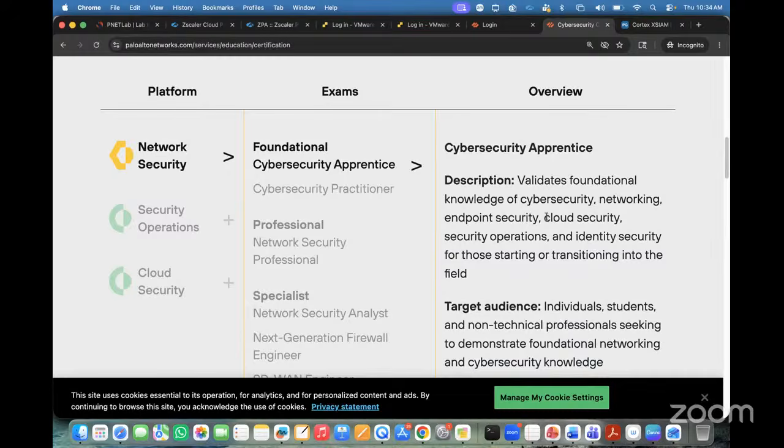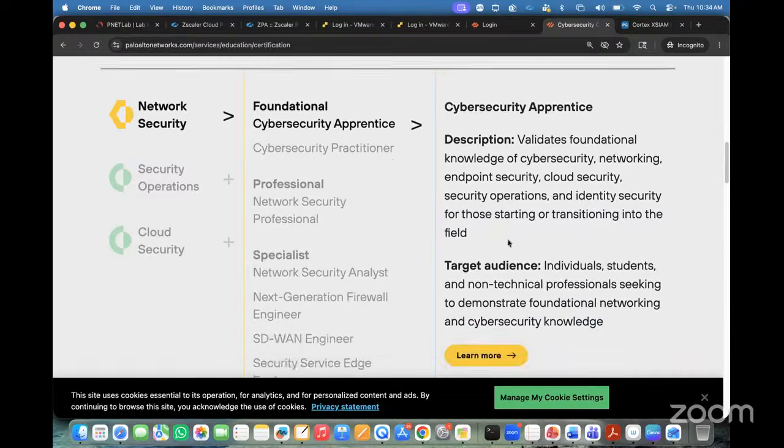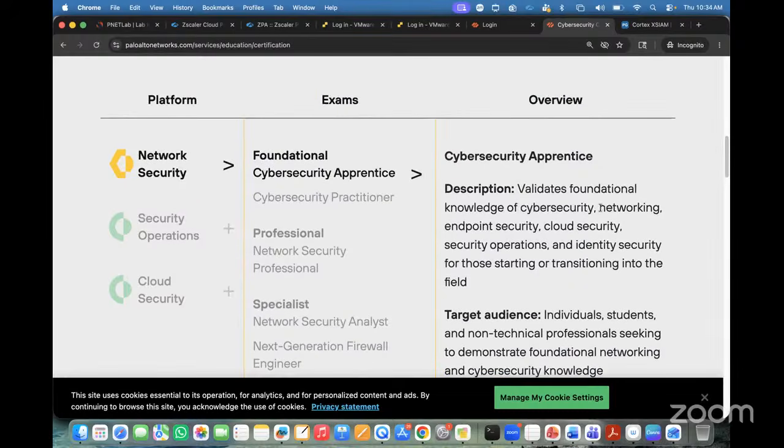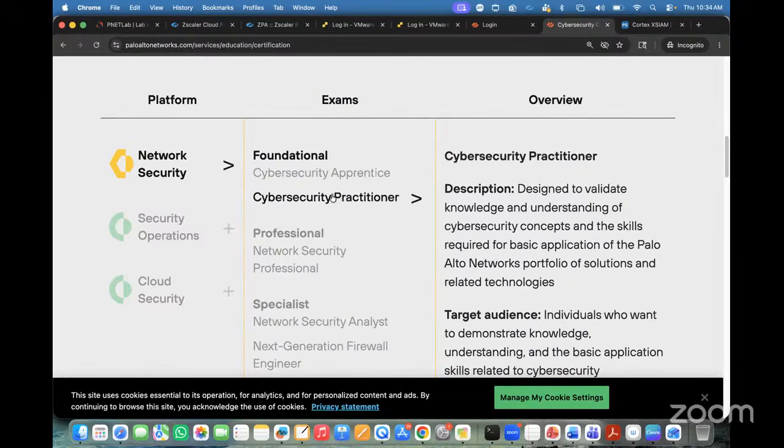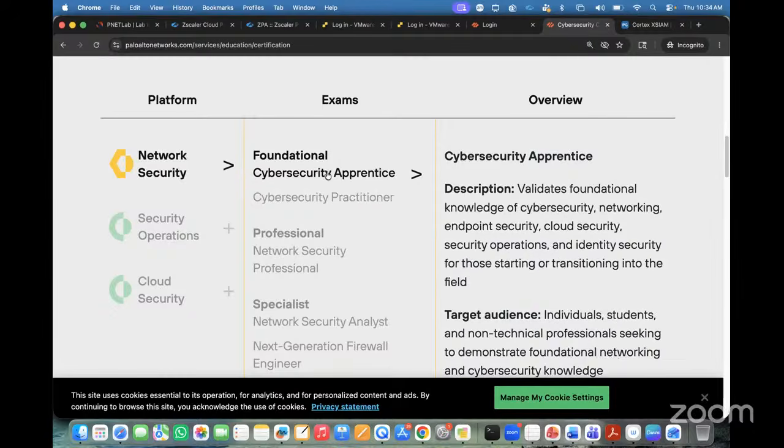Networking knowledge, endpoint security. So networking is the fundamentals. Cloud security operations means you have to be good in networking as well. And if you go to cyber security practitioner as well, you are going more into the network portfolio, network skills. But these two are the foundation.